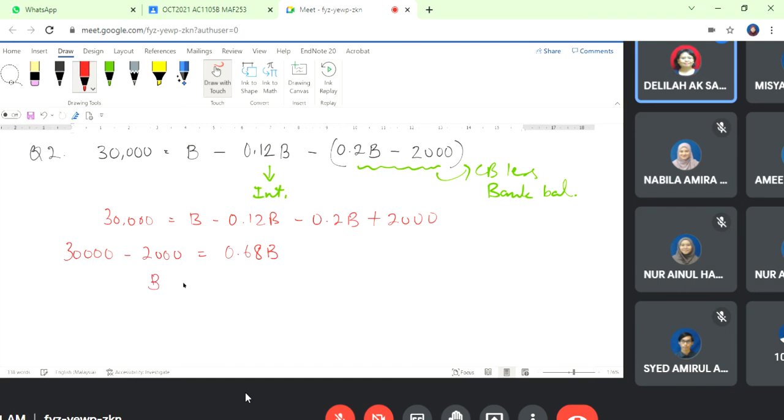So to calculate what is B, how much is the amount borrowed? That's going to be 28,000 divided by 0.68.